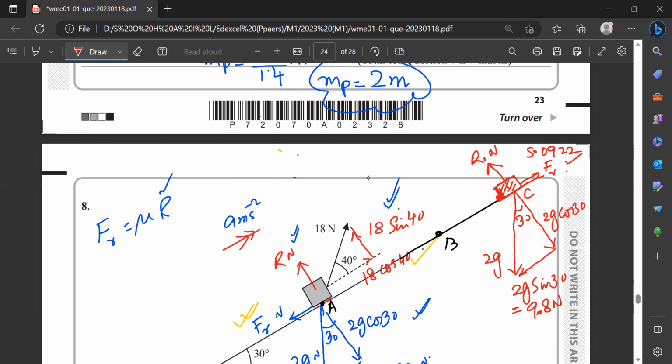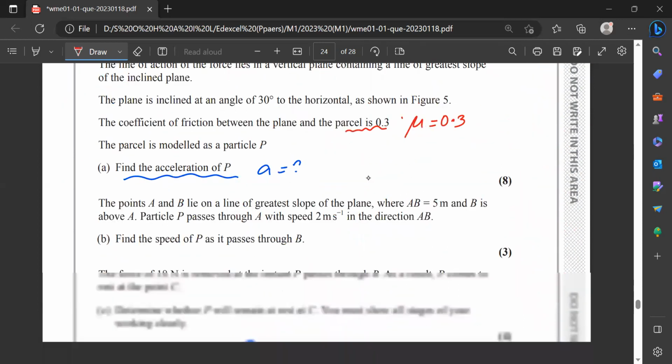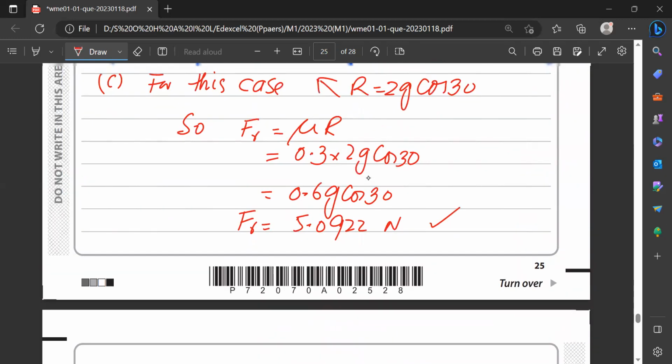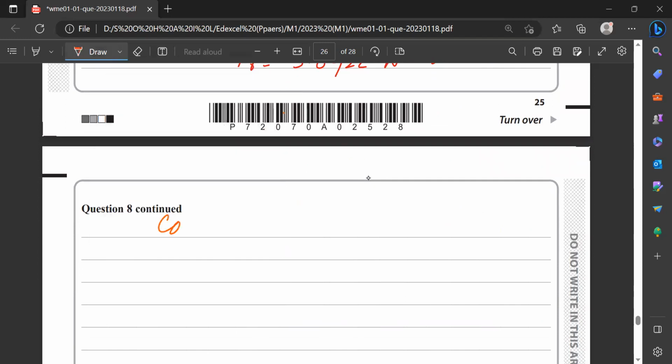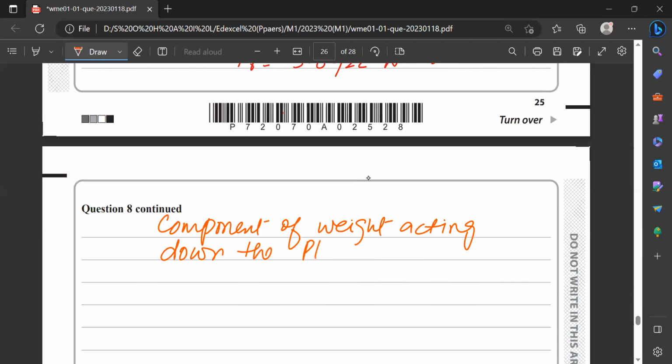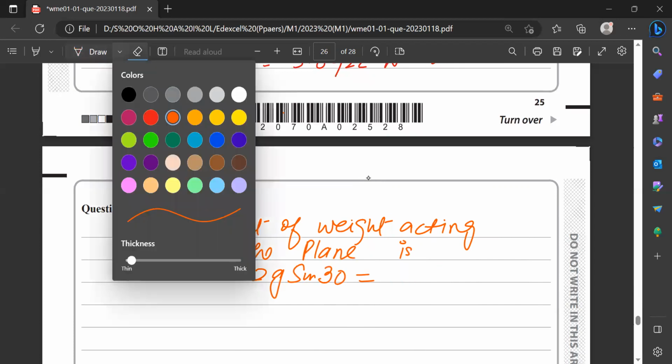So from here, what is the conclusion? This is the force which can act in the upward direction, the friction force, and the component of weight acting down the slope, or down the plane, is 2g sine 30, which is 9.8 newtons.